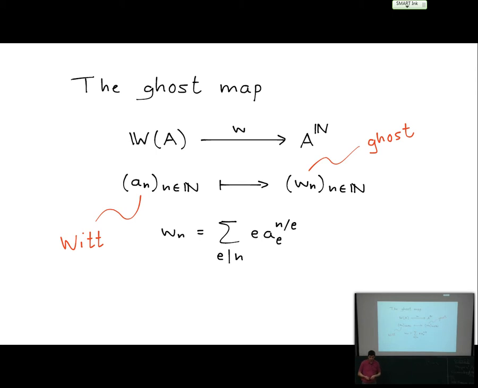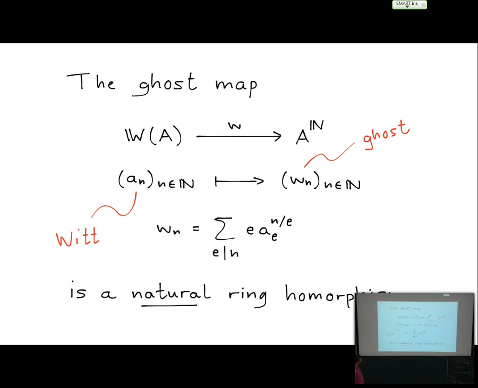And so in that case, the ghost coordinates determine the Witt coordinates, but in general, that's not the case. So what about the ring structure? The target of the ghost map is given the coordinate-wise addition and multiplication. So it's just multiply and add sequences term-wise. And the identity element is just a sequence that has all ones.